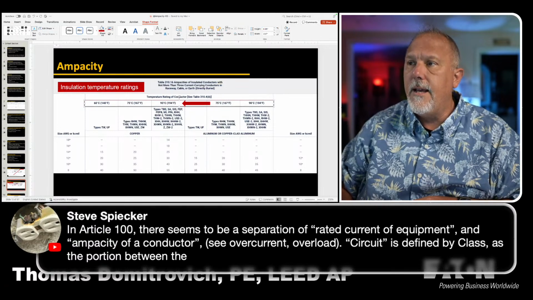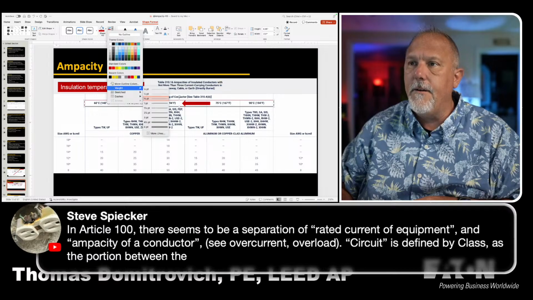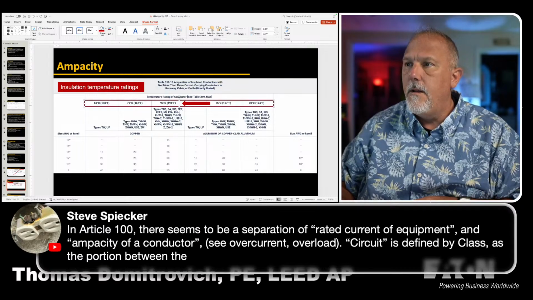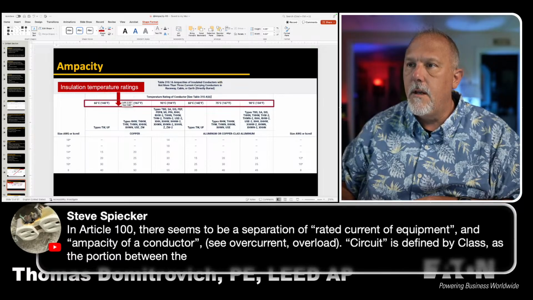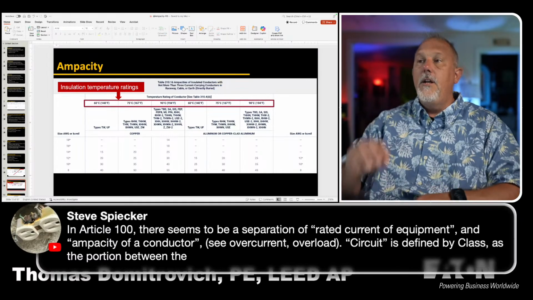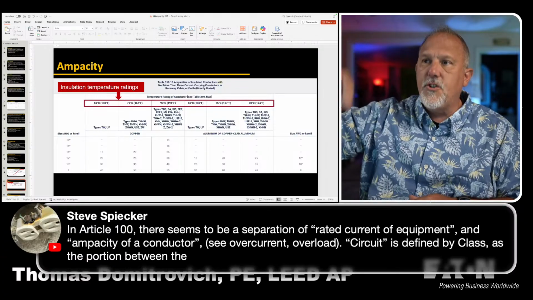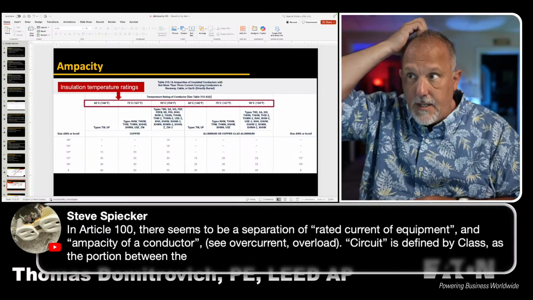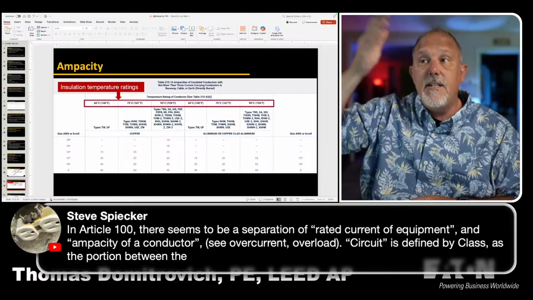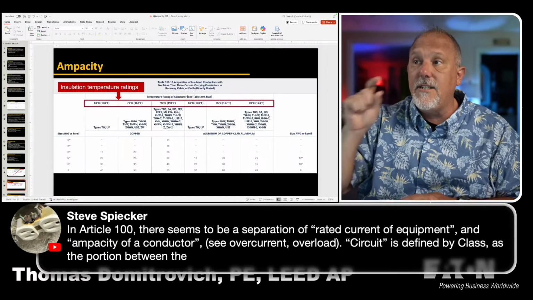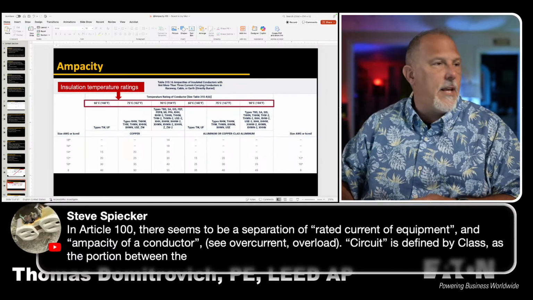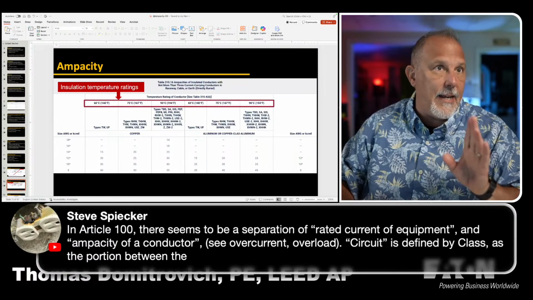I'm going to highlight that red, make it thicker, and point down. Those are the temperature ratings of the conductors. I have a 60, 75, and 90. That is just Table 310.16.